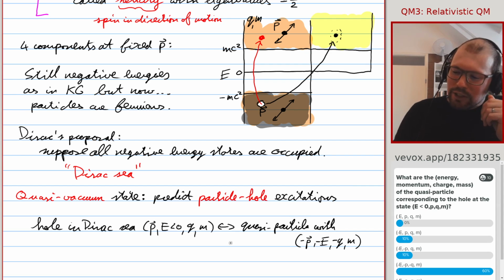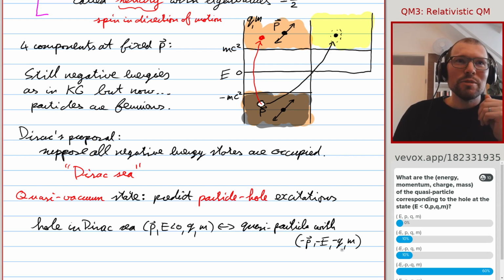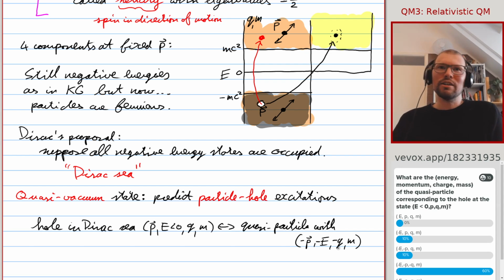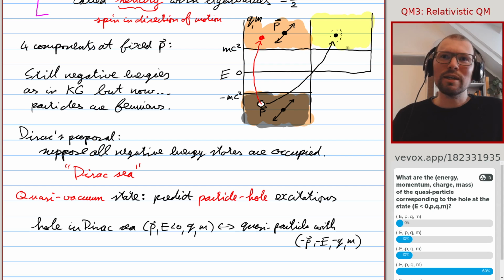But then we just said that the mass should be the same, and the proton is like a factor 1,000 heavier than the electron. So he tried to figure out if there are any ways to make these quasi-particles heavier by some mechanism to still be the proton. But then very soon after, within a year or two, they discovered the positron.